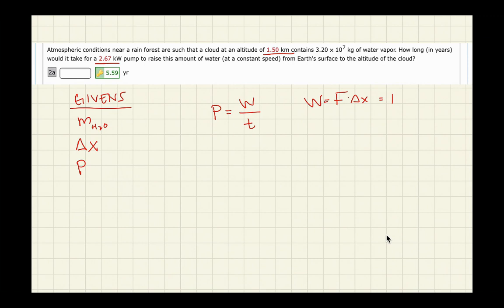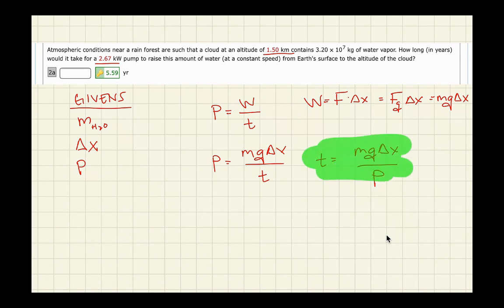That is the weight of this water times the delta x of it, the height, the altitude. So we would get P equals Fg, which is mg, mg delta x over t, and t equals mg delta x over the power.